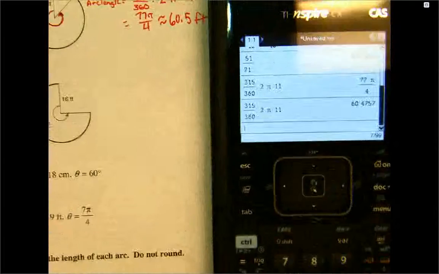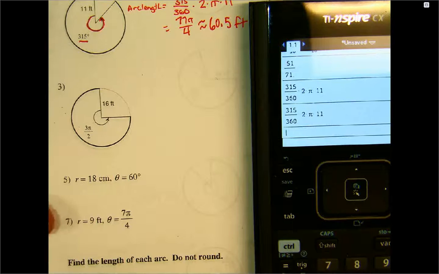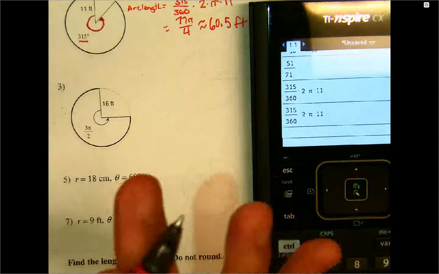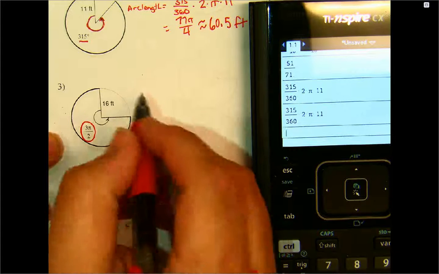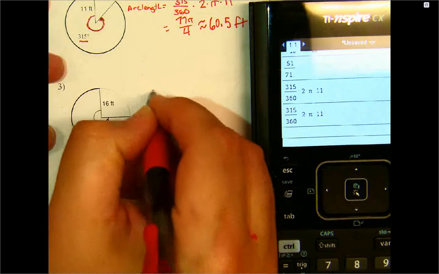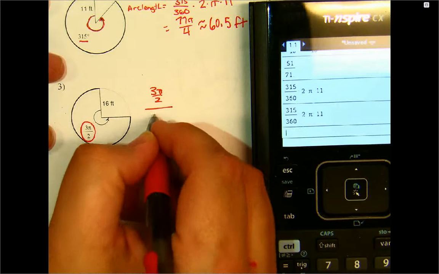Now, with this one right here, the nice thing about this calculator is you don't have to worry too much about the whole pi's and 2 pi's and all that stuff. When I see that my angle is 3 pi over 2, I'm going to take the fraction, it's going to be 3 pi over 2 divided by 2 pi.